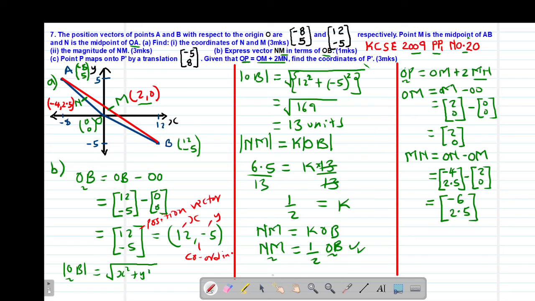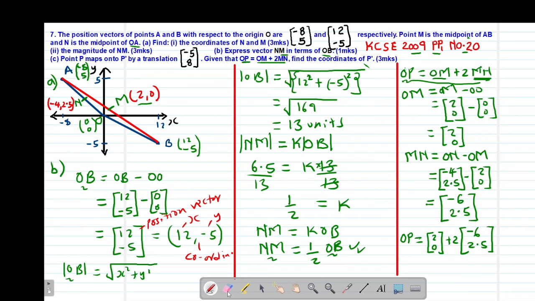Therefore, if I substitute the values in this particular equation that I was given, remember OP is just the coordinates for point P. So it means that OP will be given by OM, of which I've found OM as 2, 0. Then of course added 2 times MN. MN I've found as -6, 2.5.